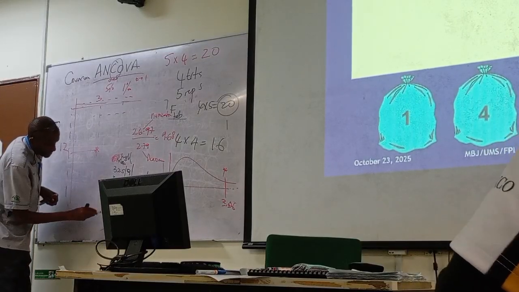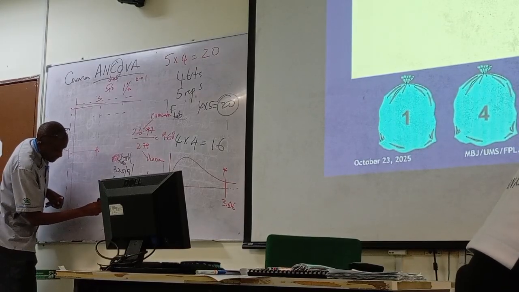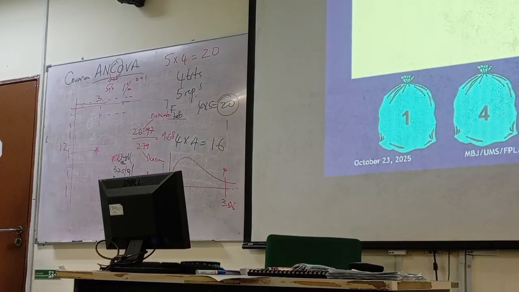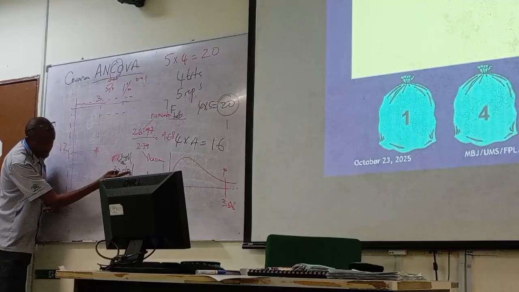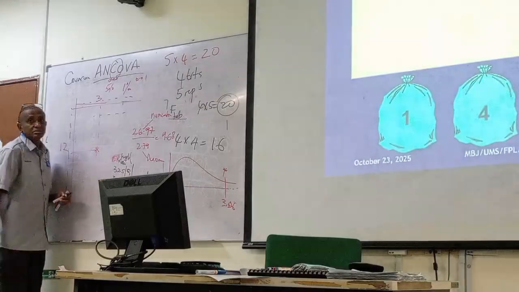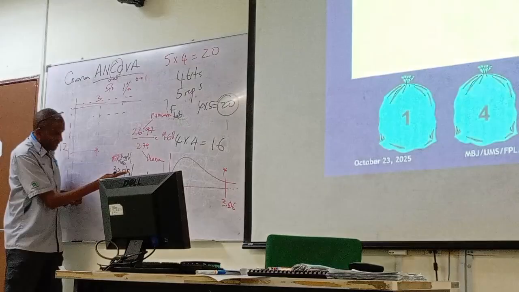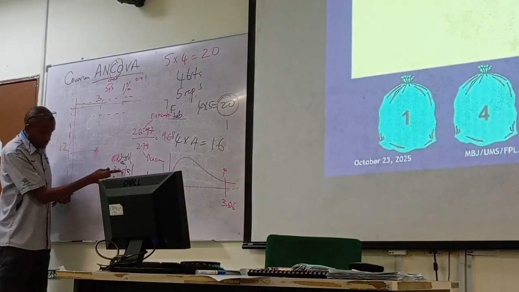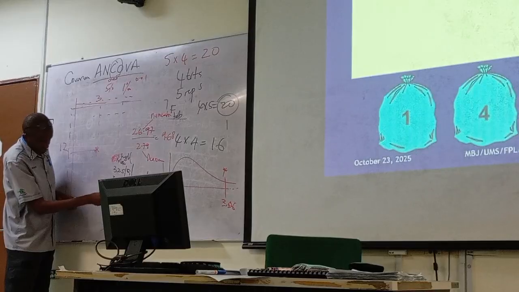31.7. Maybe 36, 38.9. Which one are the same here? 32.5, and these two are the same because they have the same letter. B and C different. A and B different. B and C. But these two are the same. They are not different.